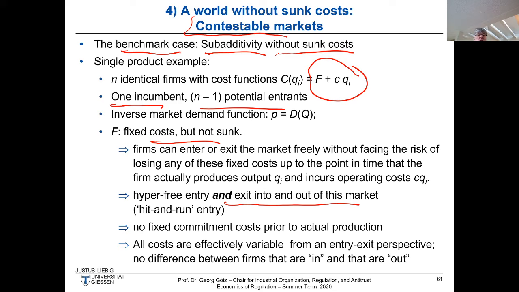Okay, as you see immediately, it's hard to set up an electricity transmission network within seconds and enter the market, and then if the incumbent happens to decrease the price, you run again.